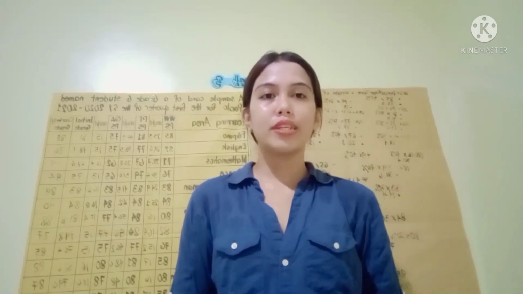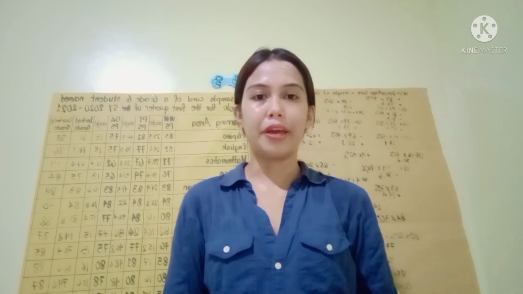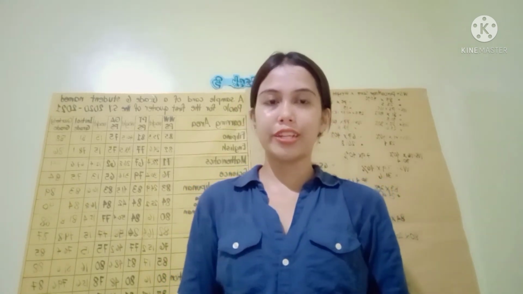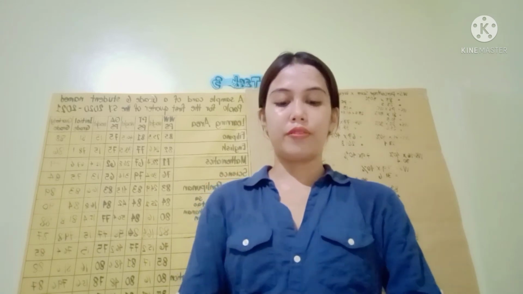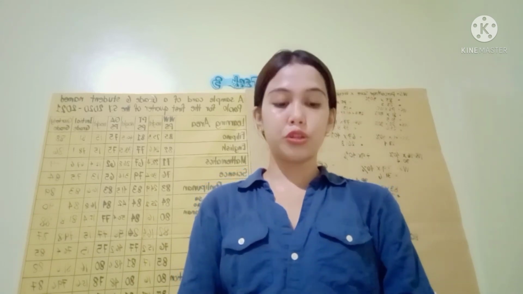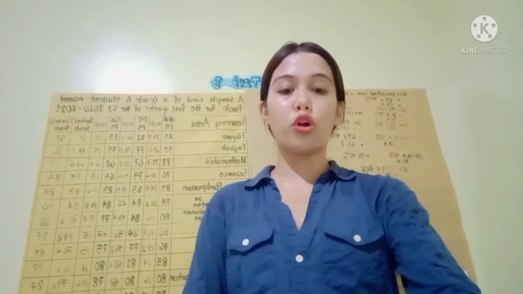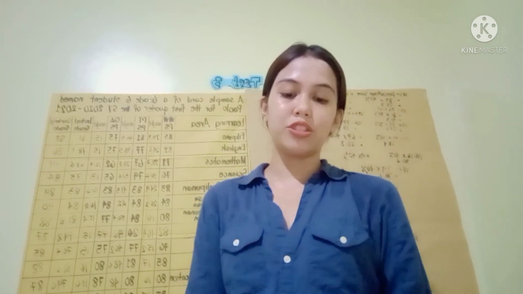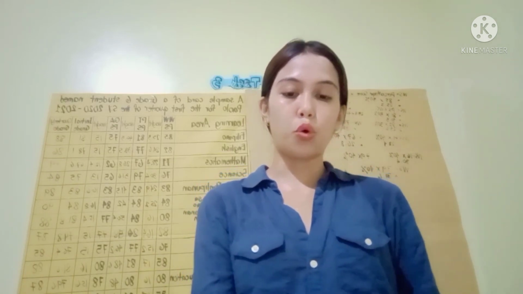Question: What is Paulo's composite grade in MAPE? How did you find it? Paulo's composite grade in MAPE is 87. I found it by adding the percentage scores of written works and dividing by 4. The same process applies for the percentage scores of the performance task and quarterly assessment.